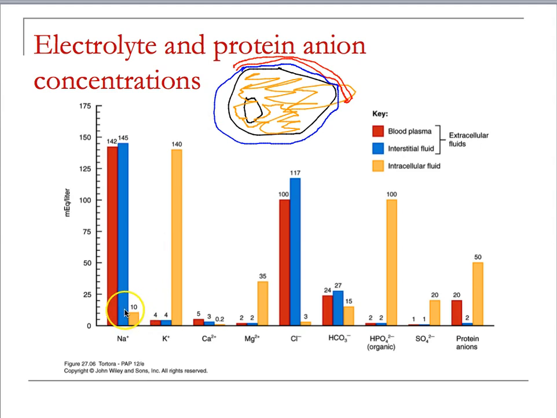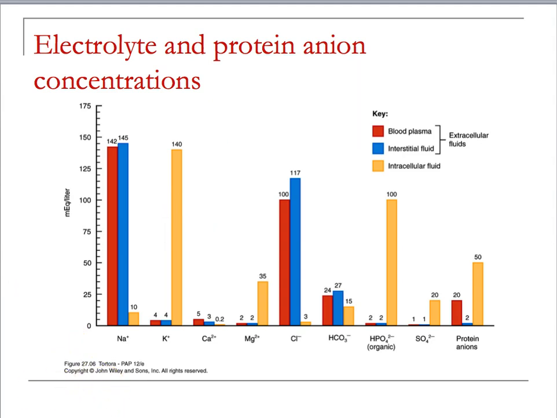You're going to learn that potassium is the major ion intracellularly, and sodium and chloride are the major ions outside of the cell. So this should actually make sense. Okay, cool. Let's get rid of the cartoon and get on to the next.